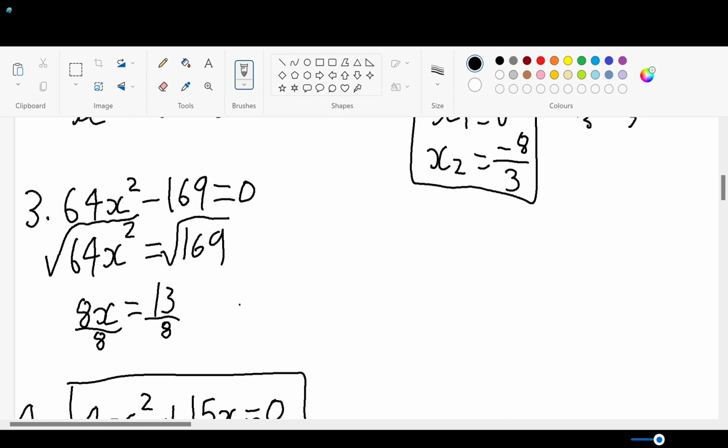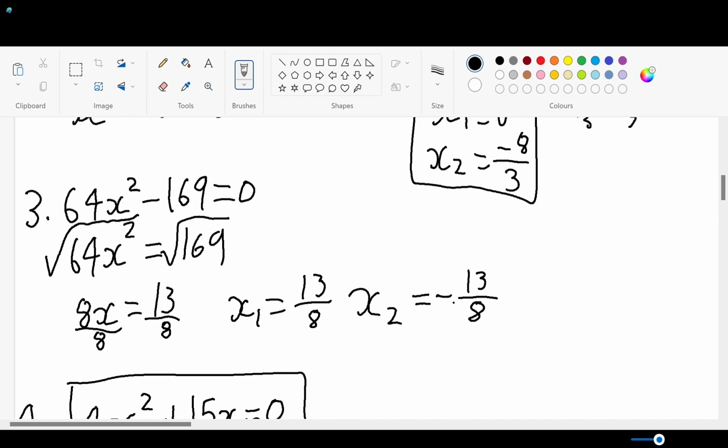And then you're left with x1 being equal to 13 over 8, and then x2 being equal to minus 13 over 8.